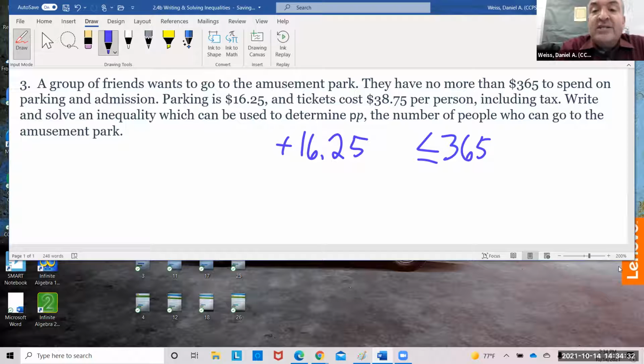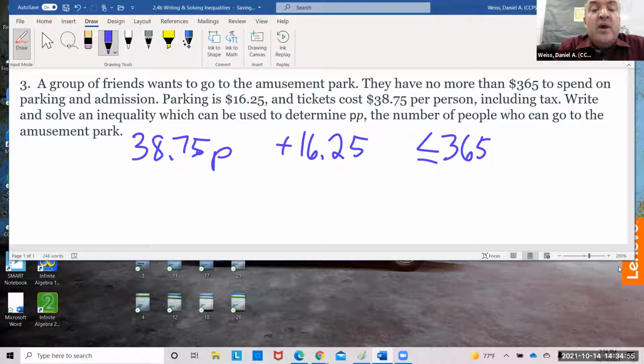It's $38.75 for tickets per person. There we are with the per. So it's 38.75, and they want us to use P this time.